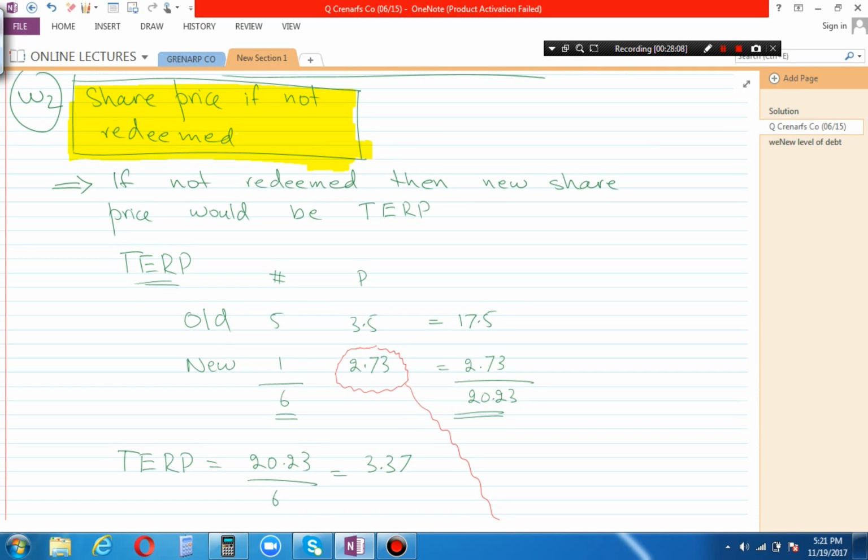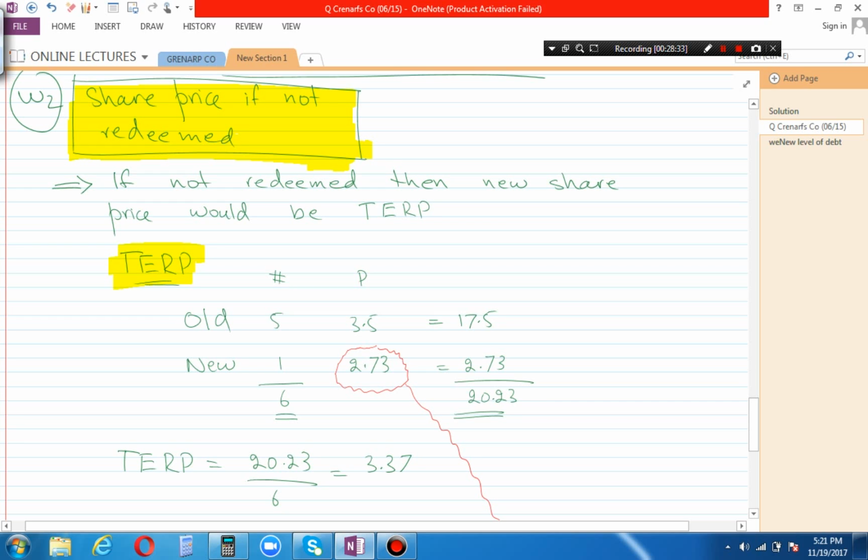And if the level of debt finance is not changing, the only thing that is changing is equity finance. Equity finance is increased. So if you issue rights and your equity finance is increased, the price after the rights issue is what we call the theoretical ex-rights price.